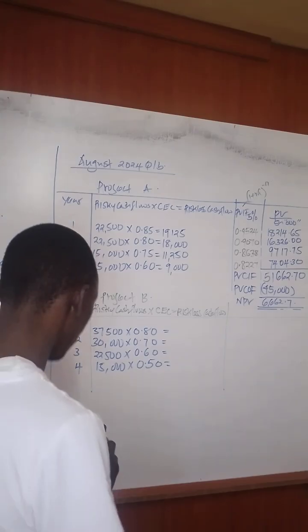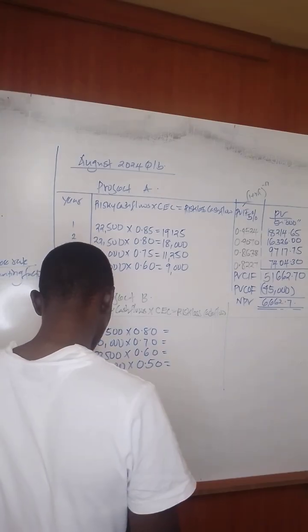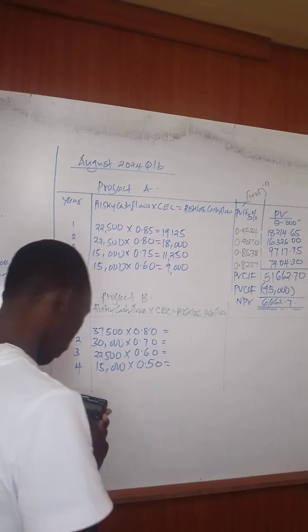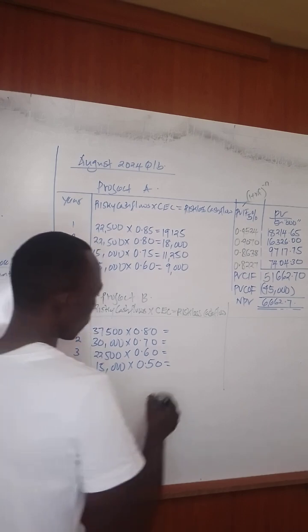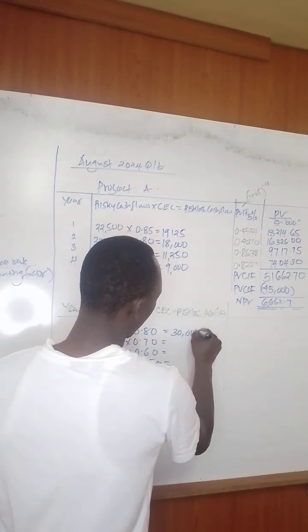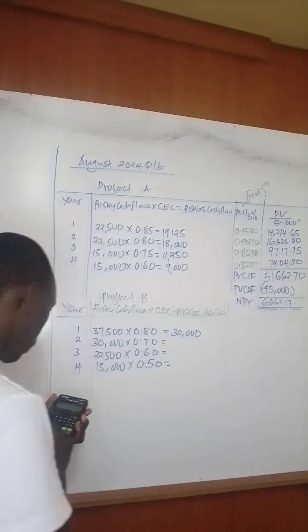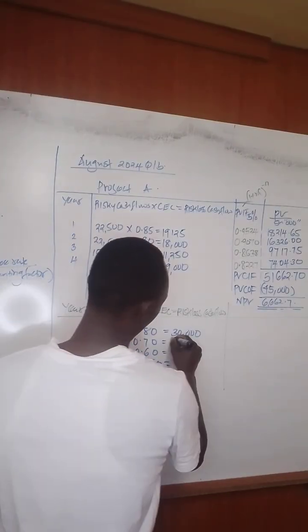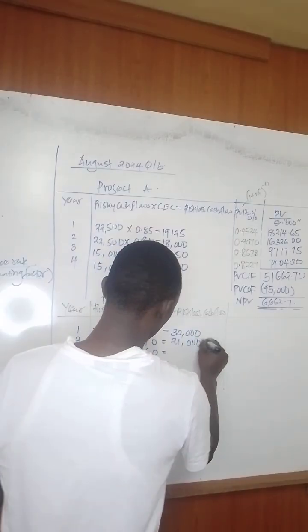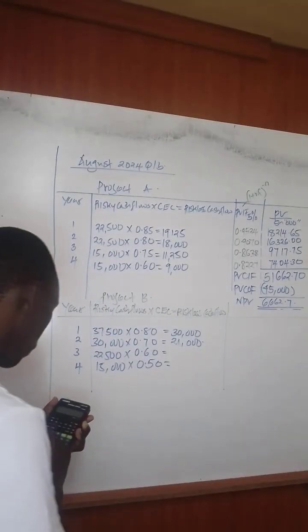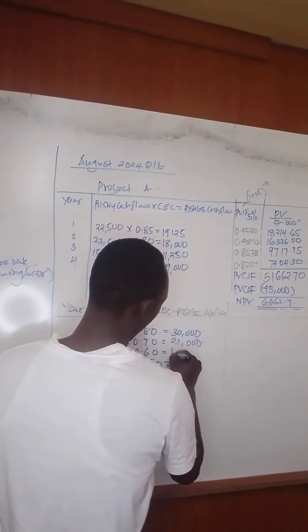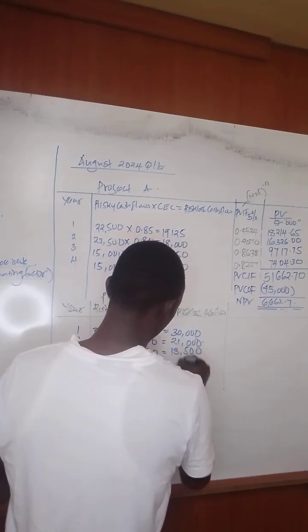riskless cash flows. It will be 37,500. You multiply by 0.8, you will get 30,000. The next one will be 30,000. You multiply by 0.7, 21,000. The third one is 22,500. You multiply by 0.6, 13,500.